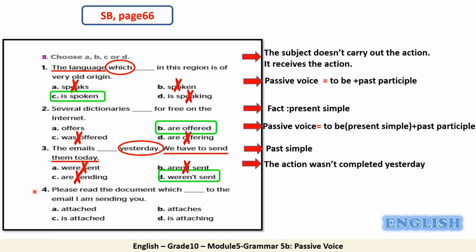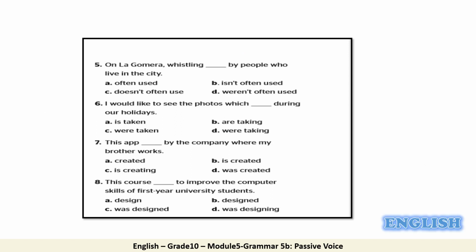The last example, number 4, please read the document which, very good, is attached to the email I'm sending you. In the second set of sentences, the correct answers are: on La Gomera whistling isn't often used by people who live in the city. Very good.